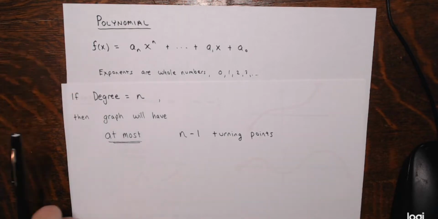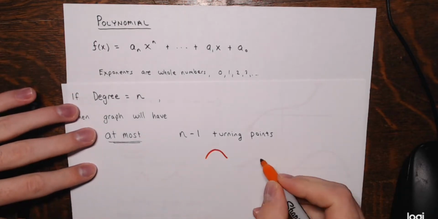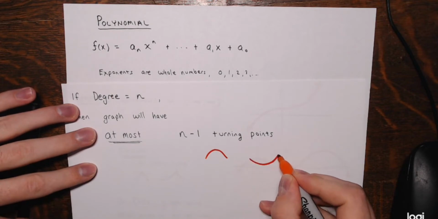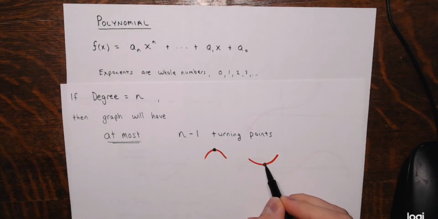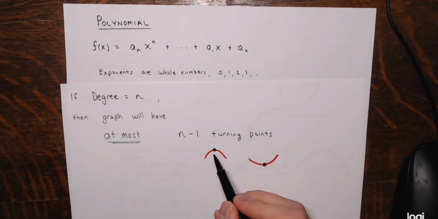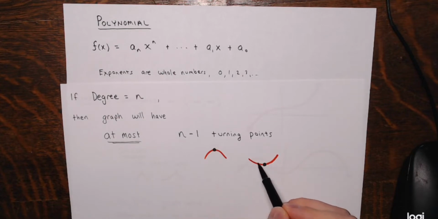Now, turning points are the tops of hills and bottoms of valleys. Turning points are this point here and this point here, the top of a hill, the bottom of a valley, the bottom of a dip. Turning points are where the graph goes from increasing to decreasing, or from decreasing to increasing as you go from left to right.